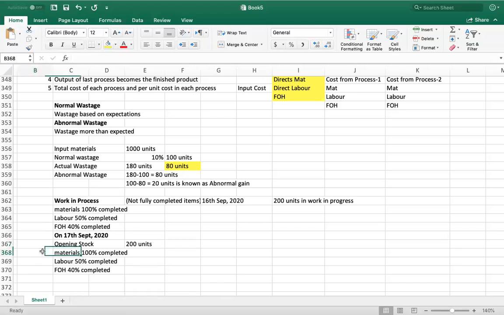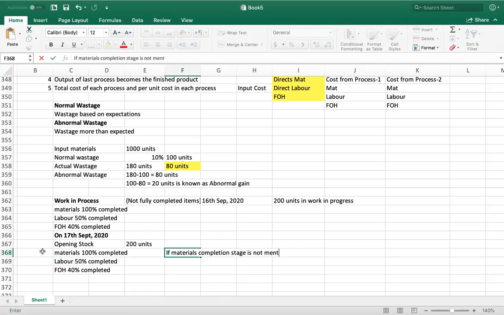Sometimes in the examination he does not mention material. If the materials completion stage is not mentioned, then it is 100% completed.